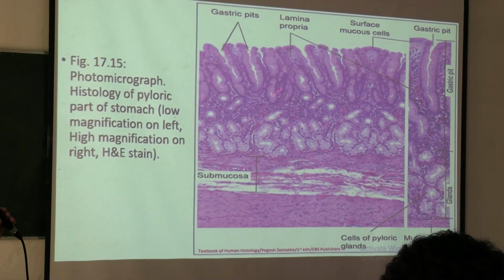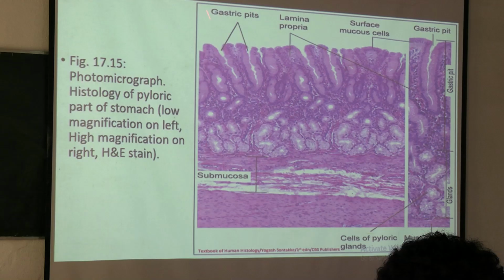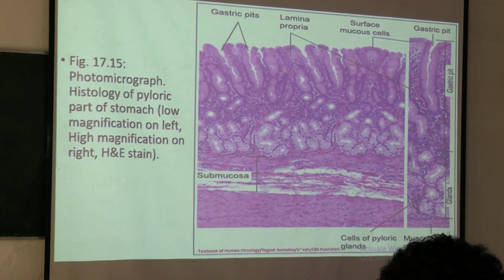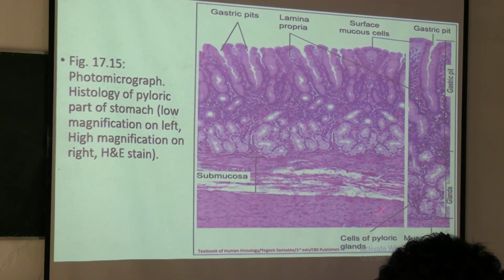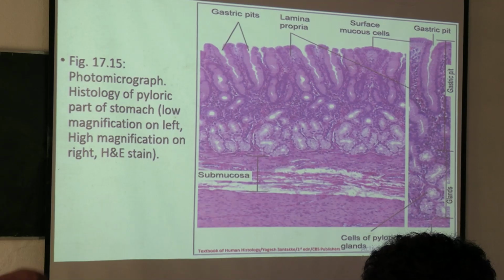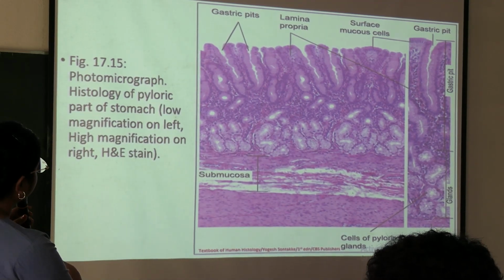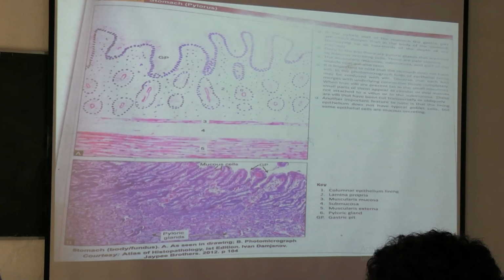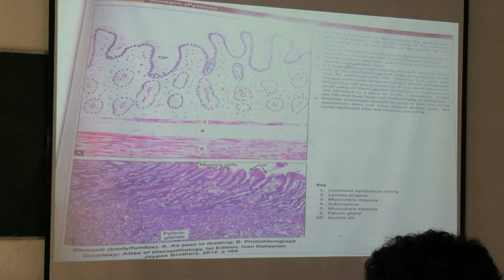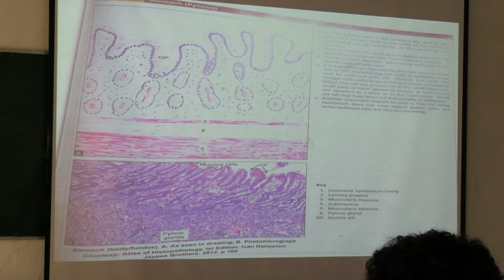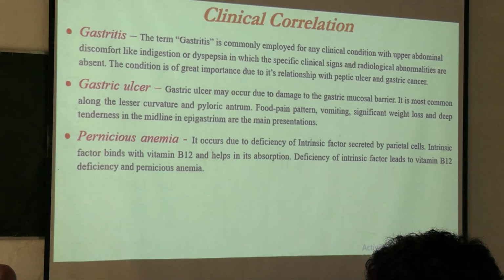So like this you will see under the microscope. Longer gastric pits, smaller glands, muscularis mucosa, submucosa, muscle layer, and in a further deeper plane you will see the serosa. The schematic presentation: longer pits and shorter glands.